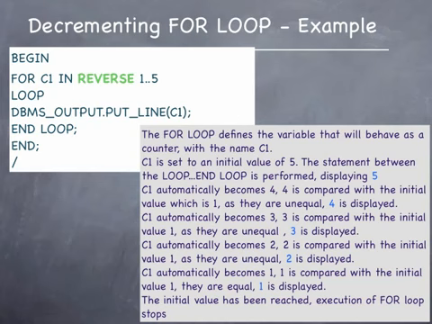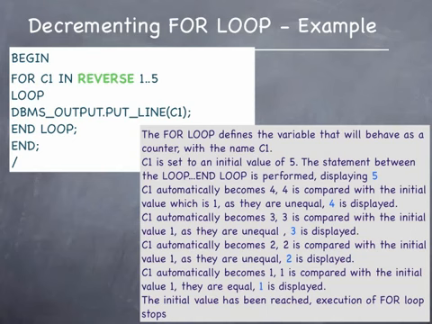A decrementing for loop is created when you use the word reverse. Notice that in the for loop it's been written as for c1 in reverse 1..5. The variable's initial value is the high value defined in the for loop, which in this case will be 5. For each iteration of the loop, the counter variable will decrement by 1. In this program, the statement between the loop and end loop is a DBMS_OUTPUT.PUT_LINE statement that displays the value of c1.